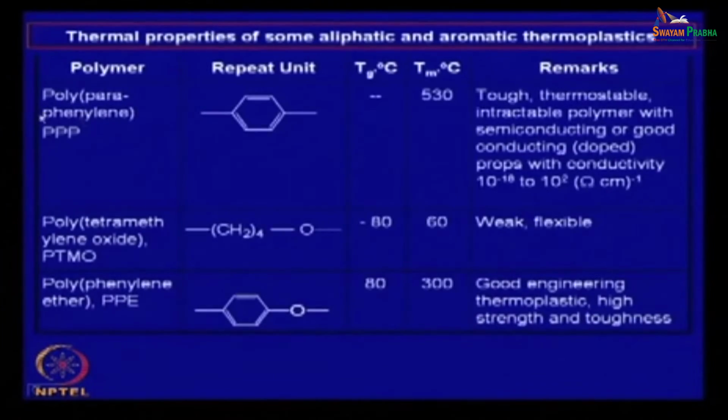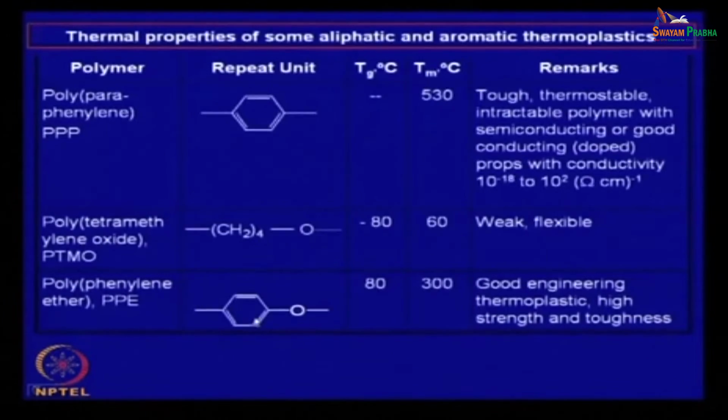Examples of various polymers: polyparaphenylene, polytetramethylene oxide, polyphenylene ether. If you compare each of them, there is only a phenyl ring, there is no aromatic ring, only alkyl chain, methylene groups, oxygen is there. Again, if you compare this polymer with this polymer, oxygen is there, which is flexible, the ether linkage is flexible in a polymer chain.